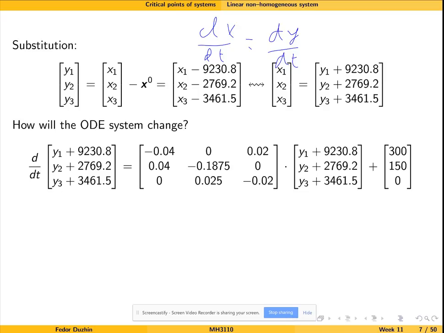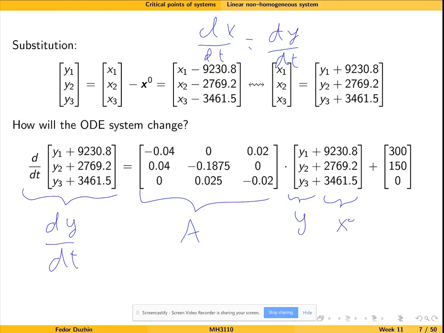Now this is just dy/dt. This is A, this is y, and this is our vector x naught, and this is our vector b from before. So what we have is that dy/dt equals A times y plus A times x naught plus b.